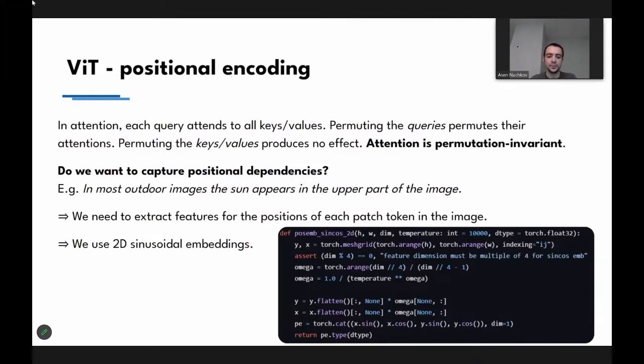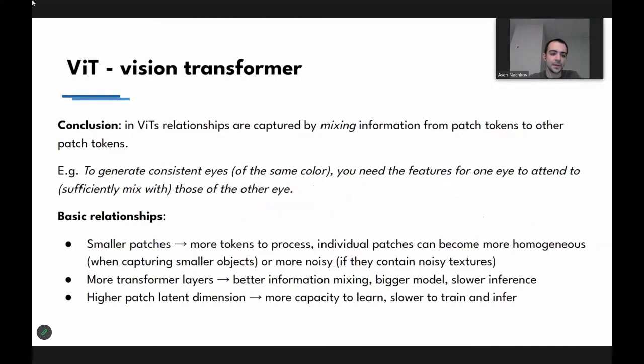So we have positional encodings, which are sines and cosines of the index of the patch. These features can be pre-computed. They can be stored beforehand. So they're very efficient to calculate, and we just add them in an additive way to the actual patch tokens.